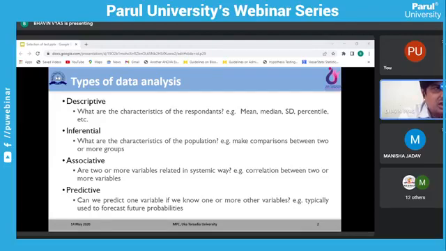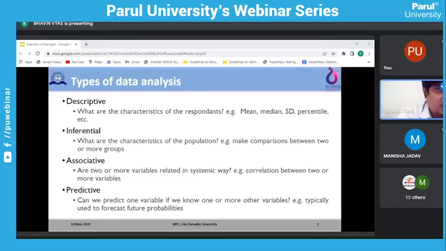We are just describing what we have collected in presentable form, either in a form of tabulation or in a form of graph. That is descriptive. While in case of inferential, after collecting data, I'll be making some conclusion. Based on my data, I'll be concluding something. That is nothing but inferential statistics or data analysis.